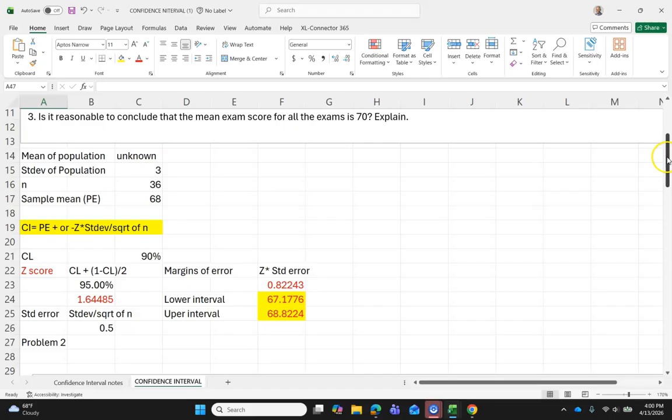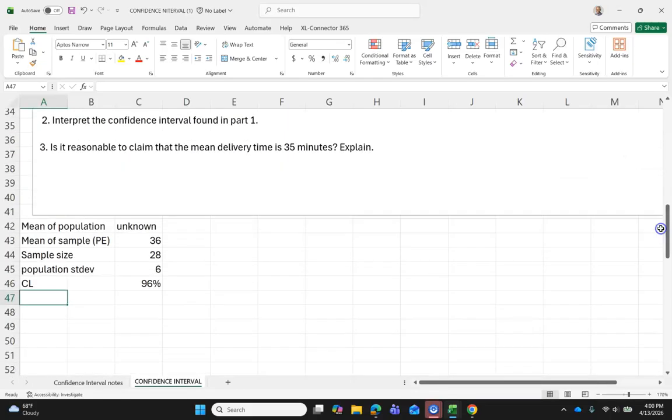So the z-score or z-value can be found by using the same formula that we used above. However, we can use just the simple approach: 100% minus 96%.